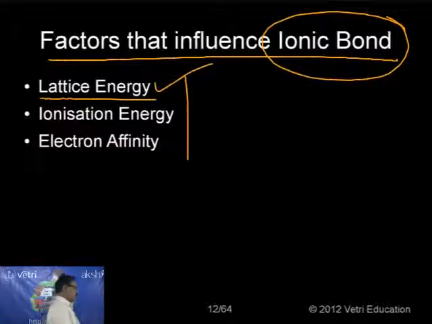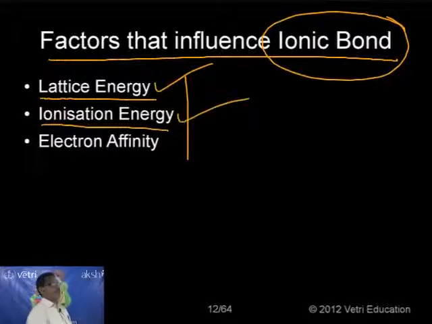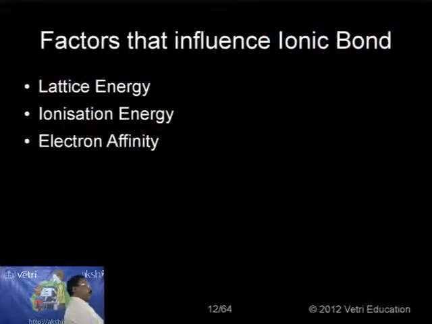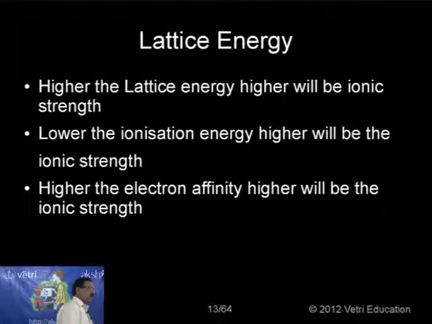Then ionization energy, which we have already discussed under periodic properties, and electron affinity, which we have also already discussed. So these are the 3 factors which influence the ionic bond.